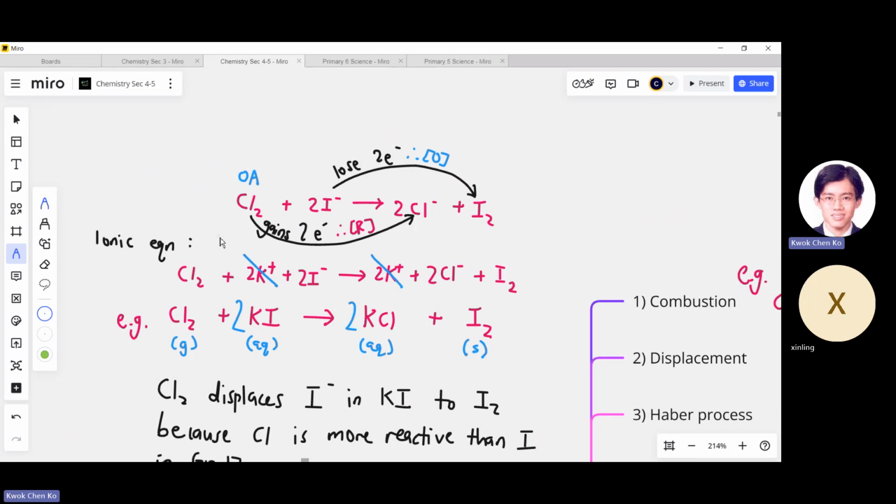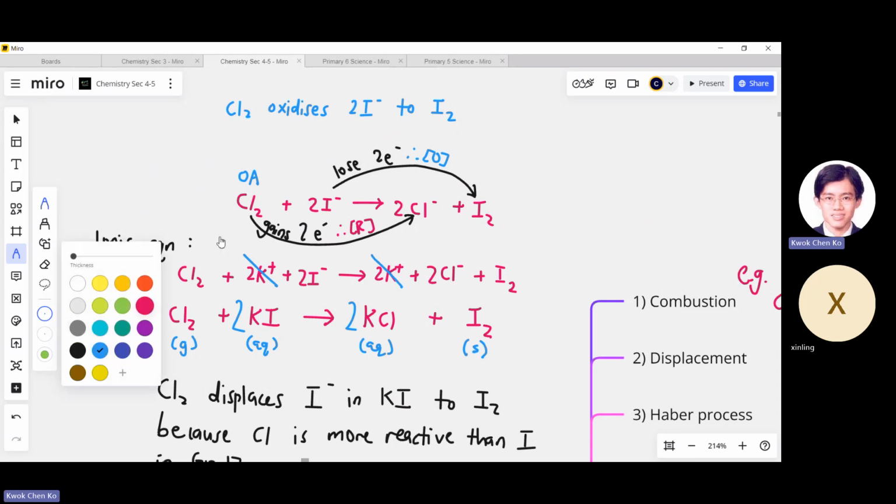So for your answer, you can write something like this. Cl2 oxidizes 2I minus to I2. Okay, so that's why Cl2 is the oxidizing agent. It oxidizes someone else.